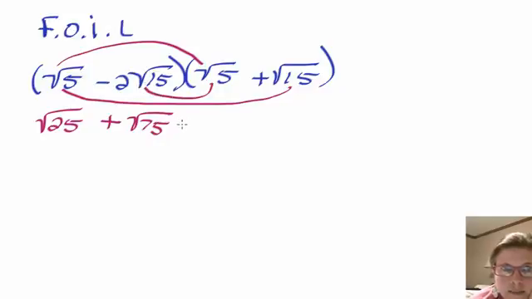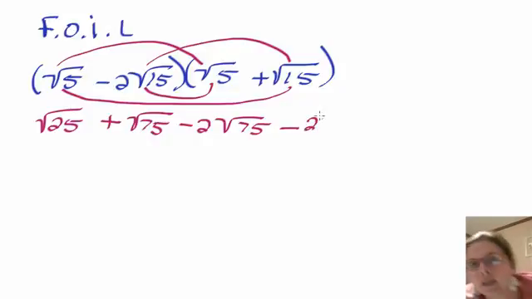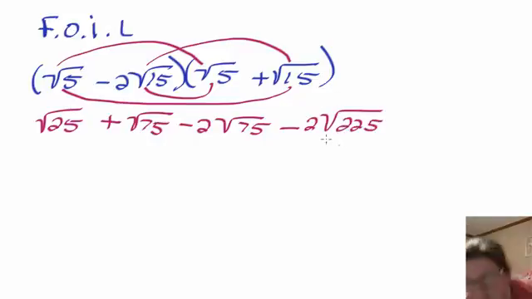Inside, this is going to become minus 2 square roots of 75. And then last, minus 2 square roots of, I can't remember what 15 times 15 is, 225. Okay, and then we try to combine them.